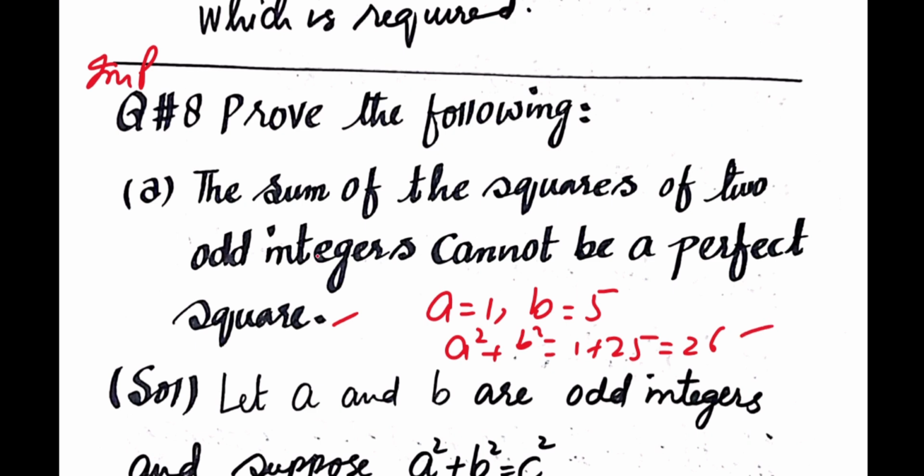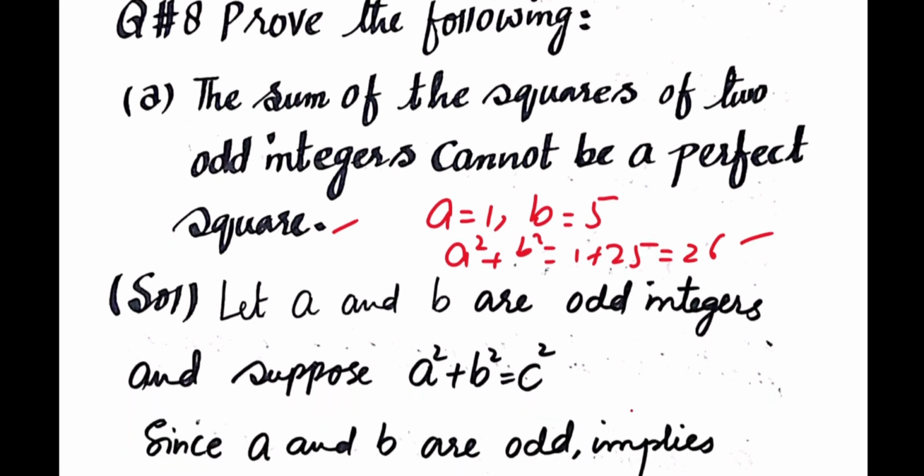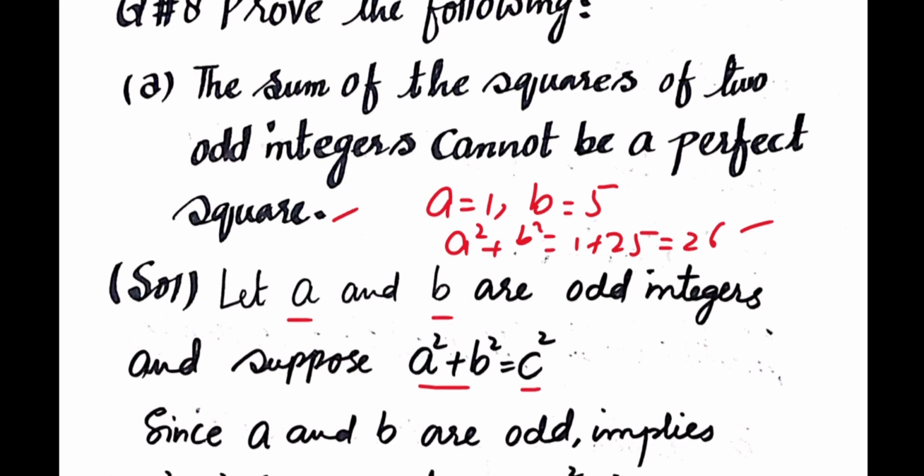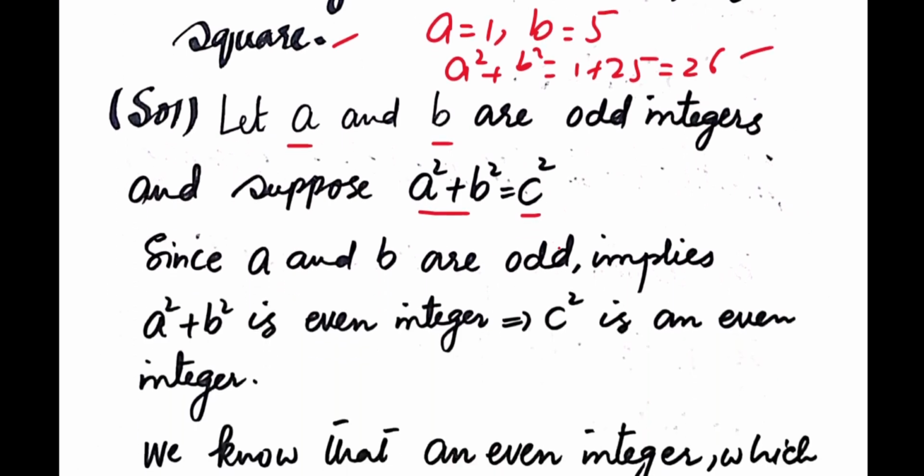So in this question we have to show the sum of squares of two odd integers cannot be a perfect square. Let a and b be odd integers, and suppose that their sum of squares is equal to a perfect square c². Since a and b are odd integers, a² + b² is an even integer.